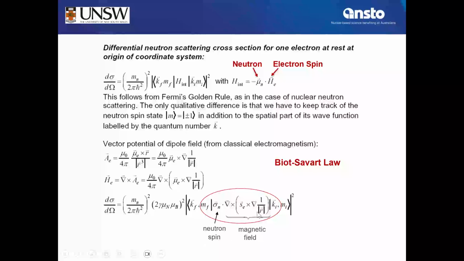And if we write down our scattering cross-section again, it's nothing else than the neutron spin here and the magnetic field, double cross product, magnetic field of the electron as determined by Biot-Savart law. So looks messy, but once again, it's in principle the well-known neutron scattering cross-section extended by the Biot-Savart law. The neutron spin interacts with the magnetic field created by the electron spins.